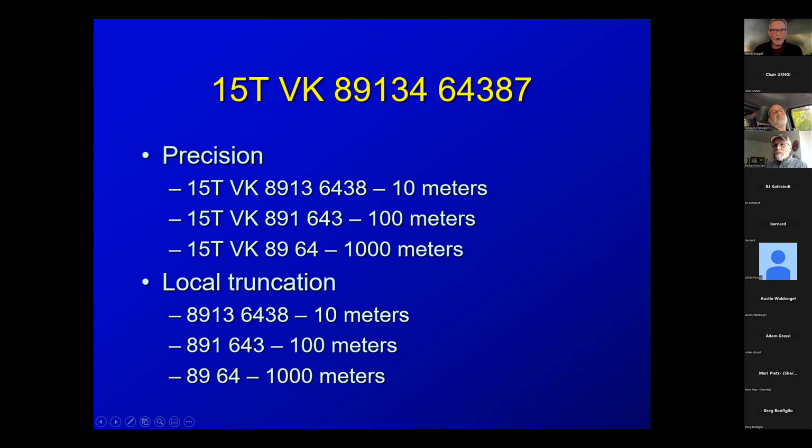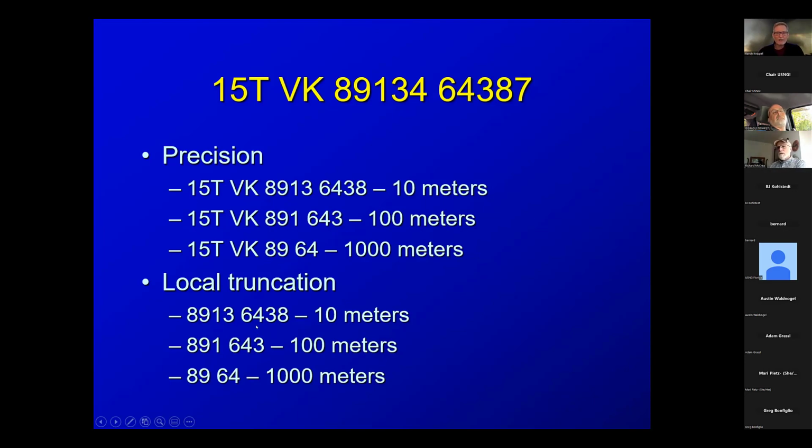Once we are working in a local area, you see that 15T was a very large area, 6 degrees by 8 degrees. We don't need to keep saying that over and over again. It'd be redundant. Similarly, 100,000 meters is also quite large. And once we're working within a 100,000 meter square, we don't have to keep saying that either. So we can just eliminate that for radio communications and day-to-day operations. So now we can do local truncation.